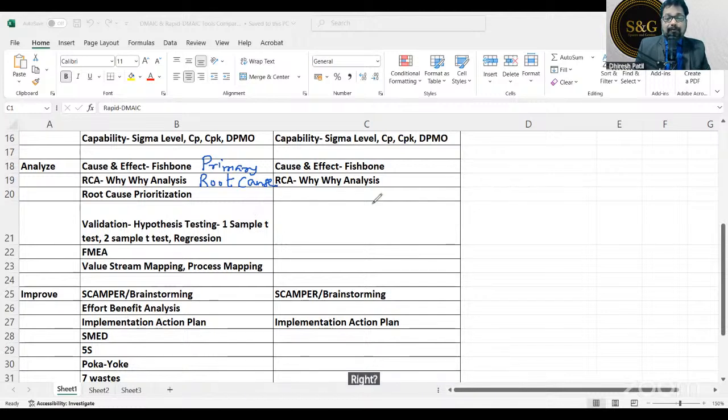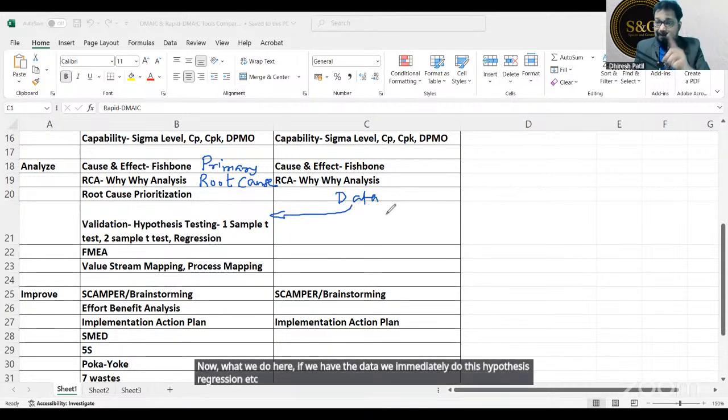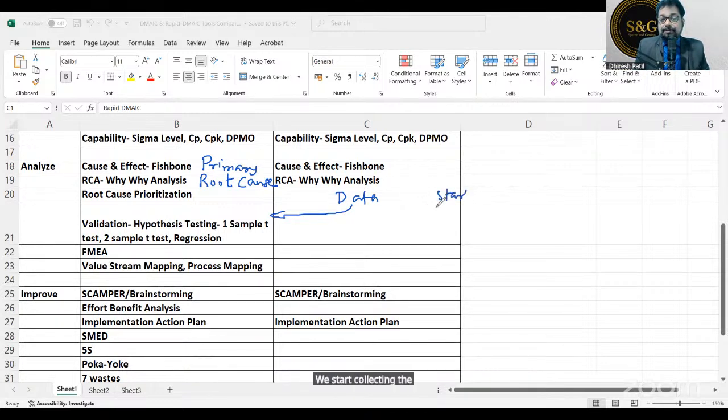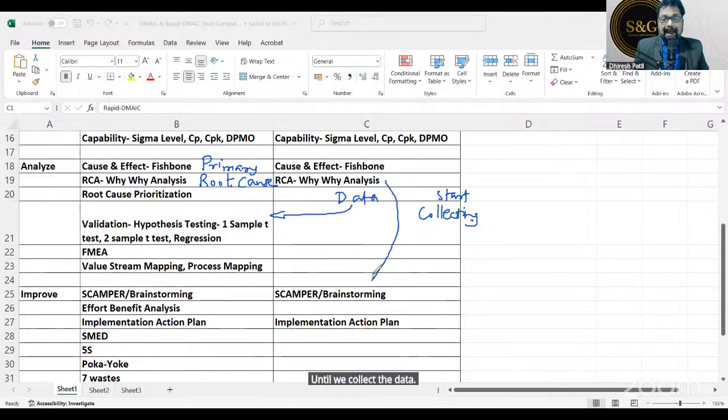Now, what we do here, if we have the data, we immediately do this hypothesis regression, etc. But if we don't have the data, we start collecting the data, understand this. But we don't wait until we collect the data. We directly jump to SCAMPER. If we have the data, go for hypothesis regression, but don't wait, just go for SCAMPER.